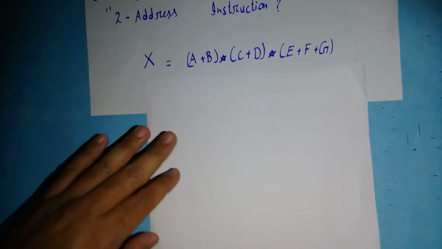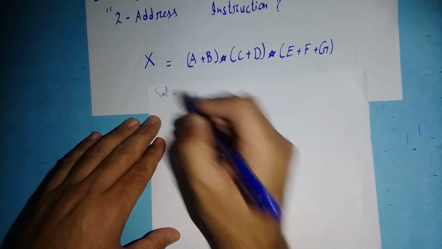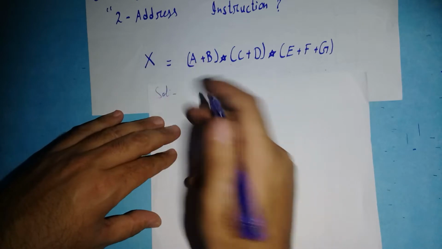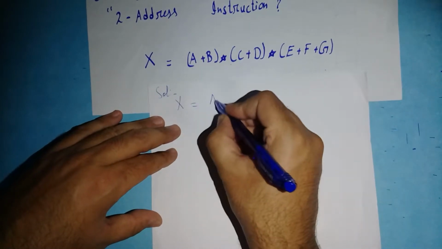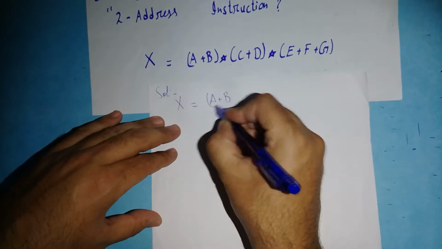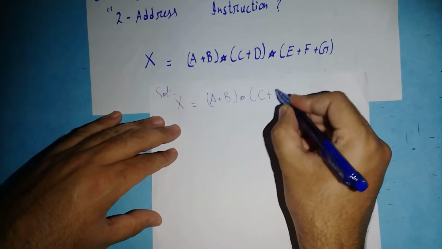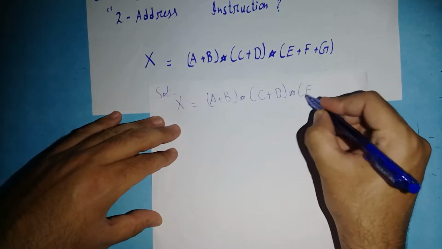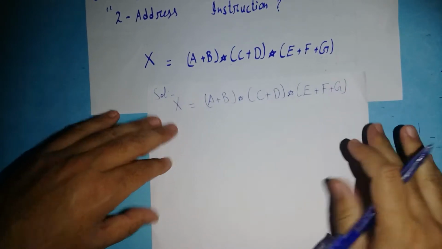So first of all, I'm just going to give the heading of solution. Now this is the given arithmetic expression, so first of all, I'm going to write it down over here quickly. X is equal to (a plus b) multiplied by (c plus d) multiplied by (e plus f plus g).